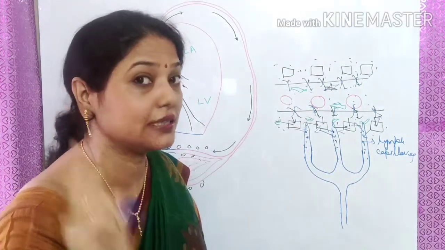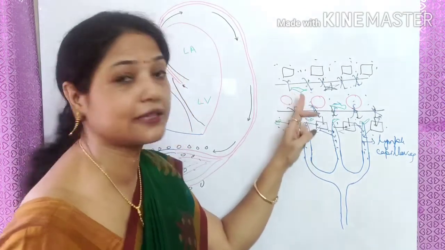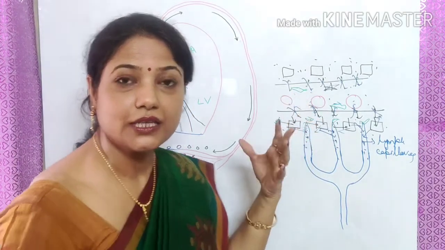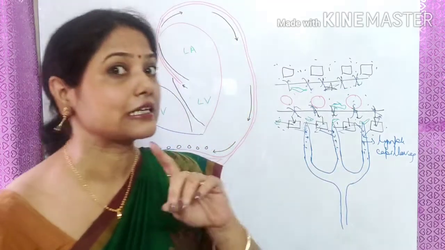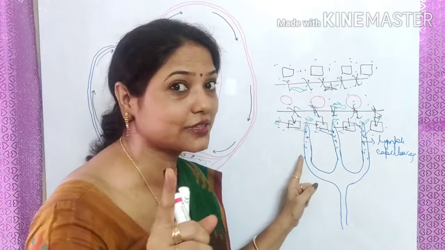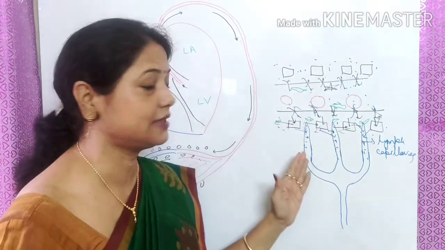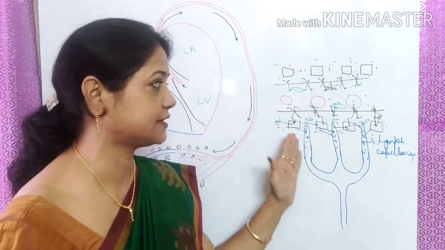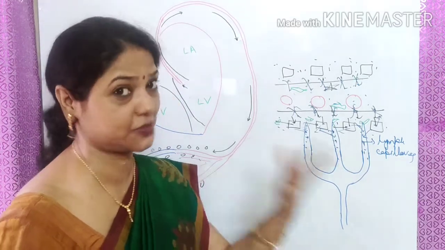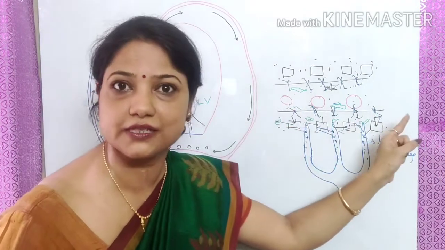It is called lymph. So, children, what is the difference between this lymph and the plasma of the blood? The lymph is a colorless connective tissue. Why colorless, children? Because the tissue fluid is also colorless, and when it enters inside the capillaries, it becomes lymph. It is also colorless because there is no RBC present.